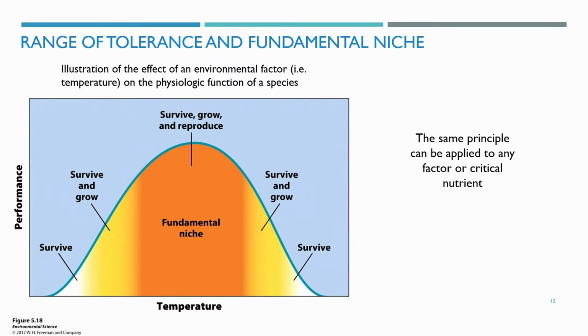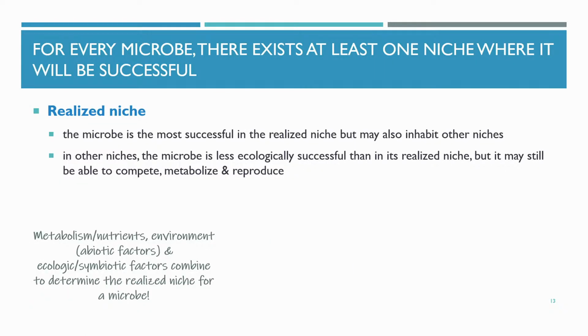Doesn't mean that it necessarily doesn't grow in any other context or niche, but that's its fundamental niche. And so for every microbe, there exists at least one niche where it will be successful. Otherwise, we won't have that microbe anymore.